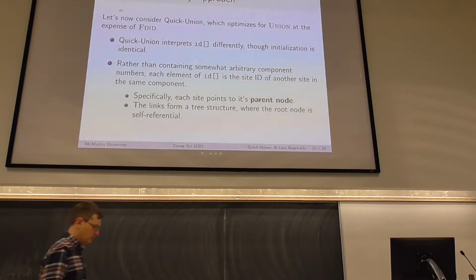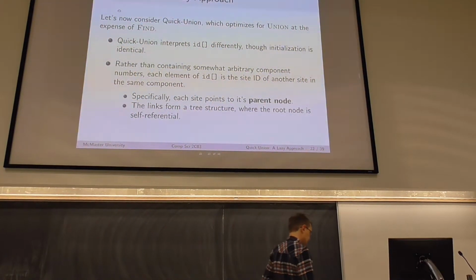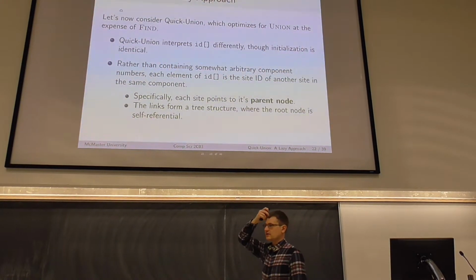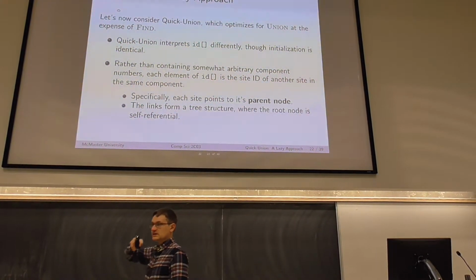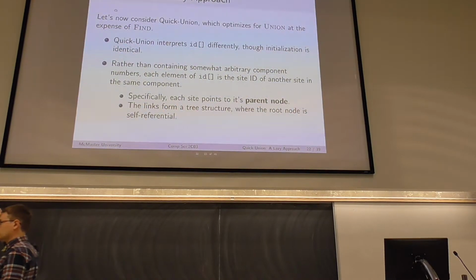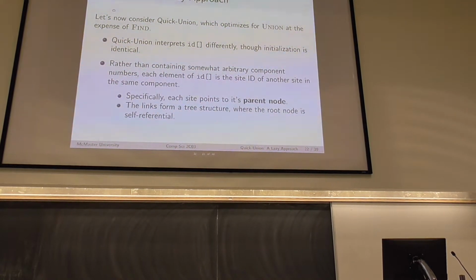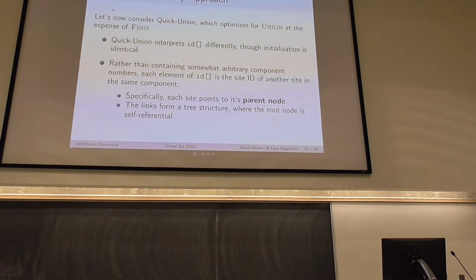Right? So, in quick union, we are throwing out the idea that our keys are site IDs and our values are component IDs. In quick union, we are no longer keeping track of component IDs.